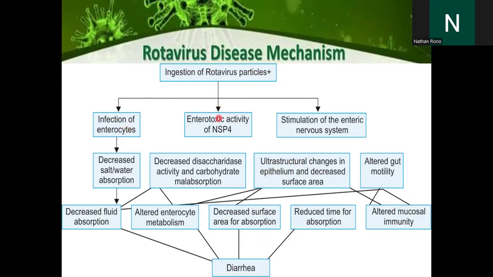Number 2, enterotoxin NSP4, which damages the enterocytes, leading to diarrhea. And then number 3, stimulation of the enteric nervous system, which causes increase in water and electrolytes into the lumen, leading to diarrhea. Okay, so if you're told to explain this in an essay, like 5 marks, hope you'll be able to do it.